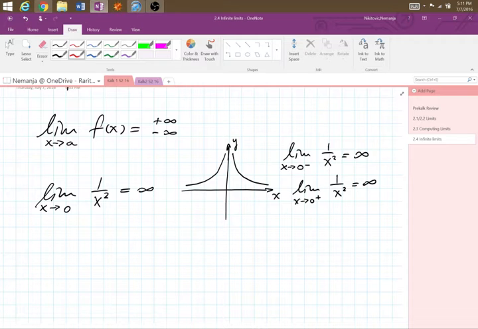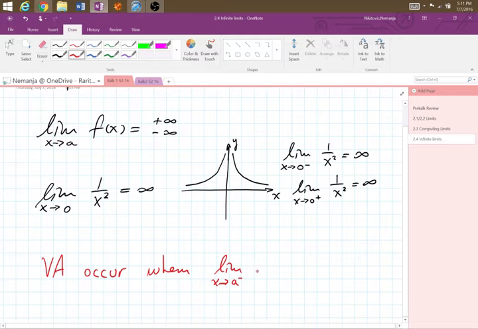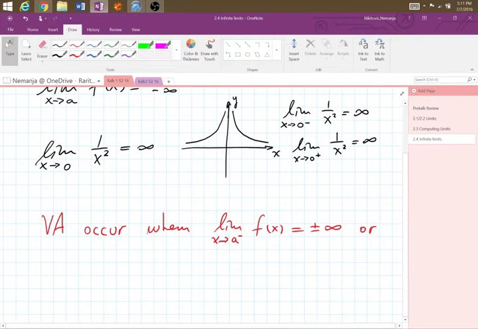So we would say that vertical asymptotes occur when the limit as x goes to a from the left of f of x is positive or negative infinity, or the limit of f of x as x goes to a plus is positive or negative infinity.